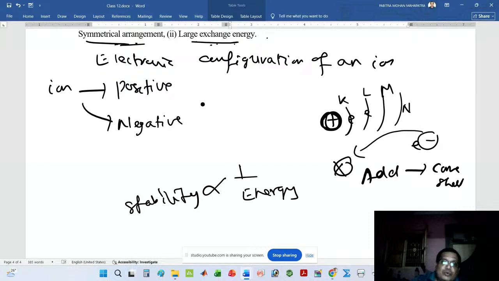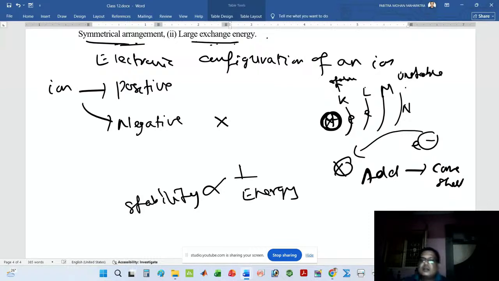If you want to remove an electron from an atom, suppose this is your X atom, and I want to remove an electron from the X atom. These are the K shell, L shell, M shell, N shell. This K shell is more stable. Yes or no? This one is more unstable.